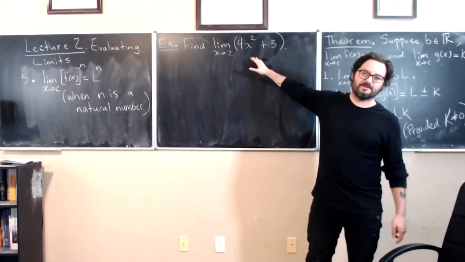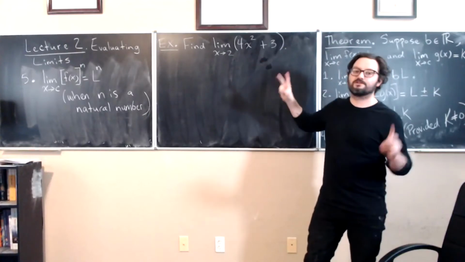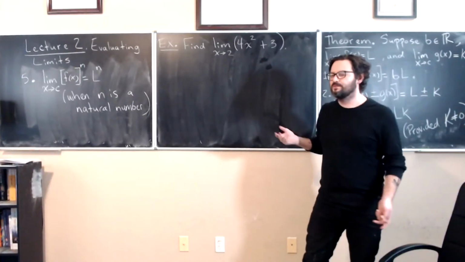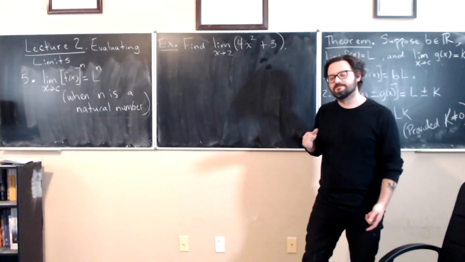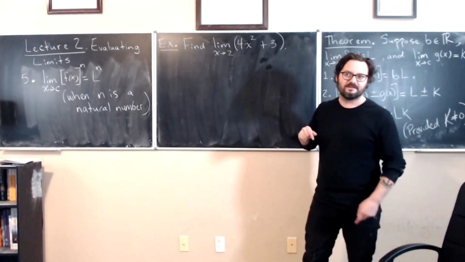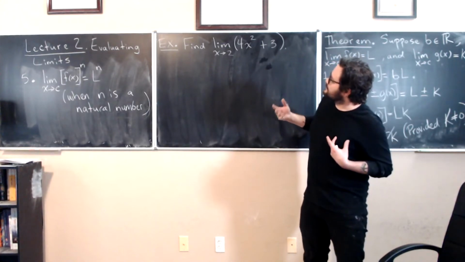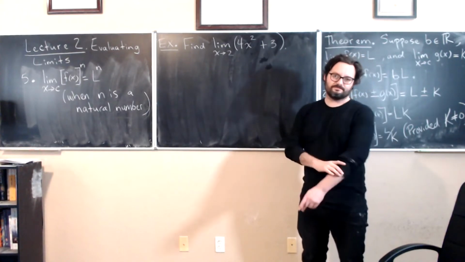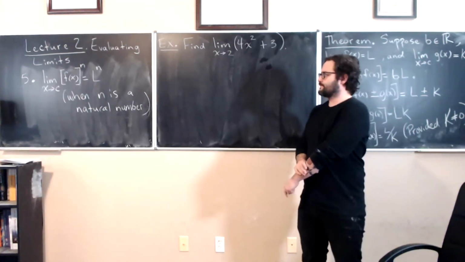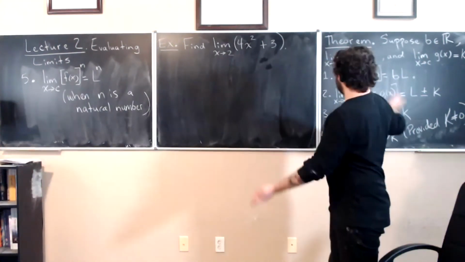So my guess is this should be close to 19. I'm almost positive it'll be exactly. Well, I am positive, but if I were pretending like I didn't know anything, I would say it should be around 19. Okay. So now let's use these rules that we've learned.